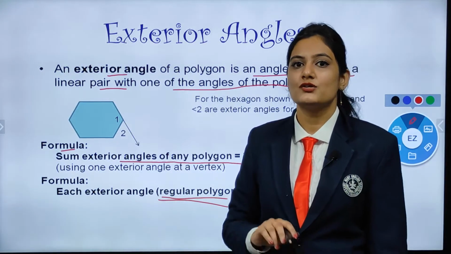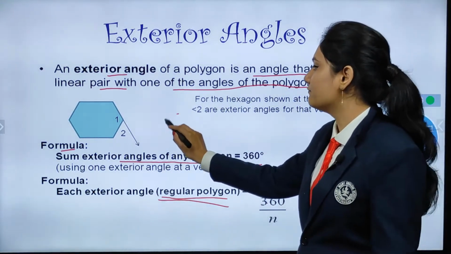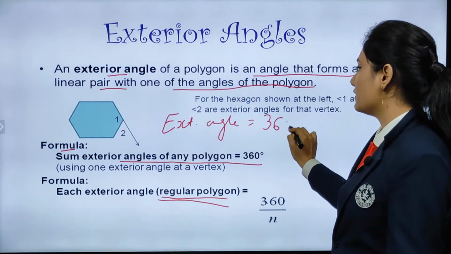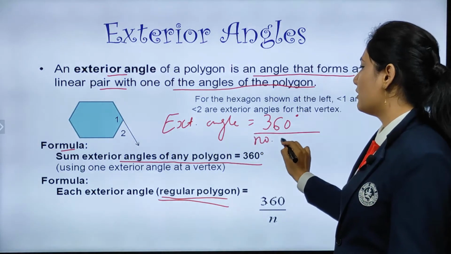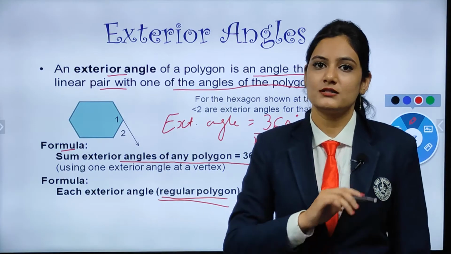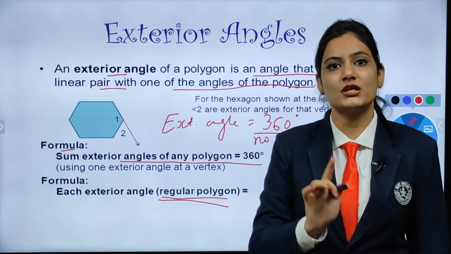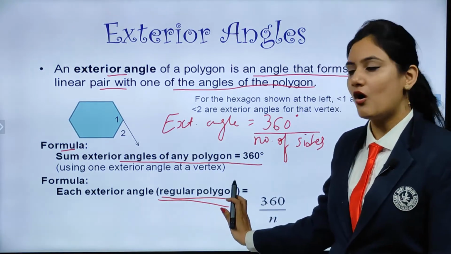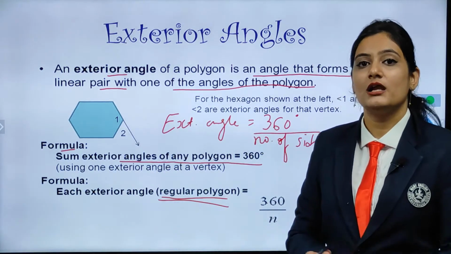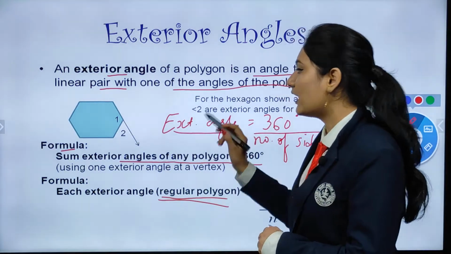So if you are not able to understand it this way, just write it down like this: exterior angle is equal to 360 degree upon the number of sides. The sum of all exterior angles is 360. When you want to find each exterior angle, you divide by the number of sides. Let's suppose you want to find the number of sides and each exterior angle is given.